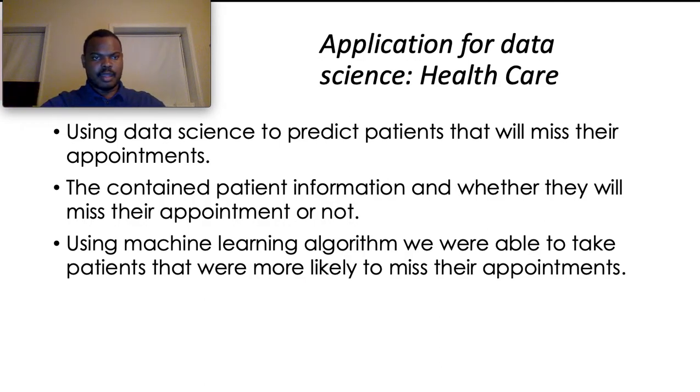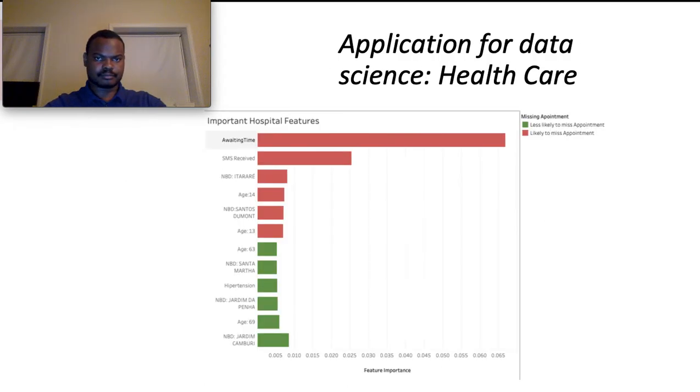So the data sets contain patient information, and it said whether they will miss the appointment or not. I use machine learning algorithms, obviously, to be able to identify patients that were more likely to miss their appointments. So yeah, this is just a visualization of my results.